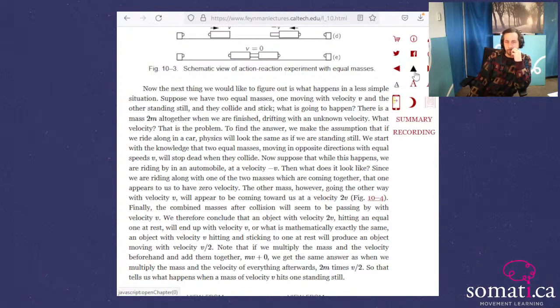So it forms a mass of 2m, but what is the velocity then? So working with Galilean relativity.